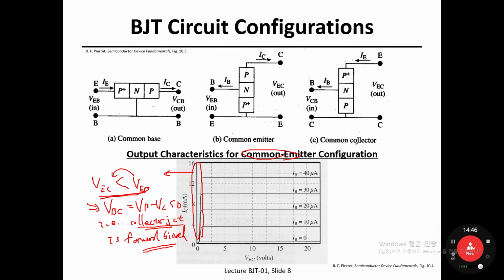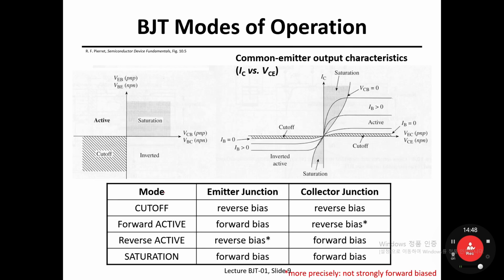Let's move on to the next one: emitter junction and collector junction. The emitter should be forward biased and the collector should be reverse biased to work in the active mode. But in saturation mode, which corresponds to linear mode in MOSFET, both junctions are forward biased. Then the BJT is working as a kind of resistor.